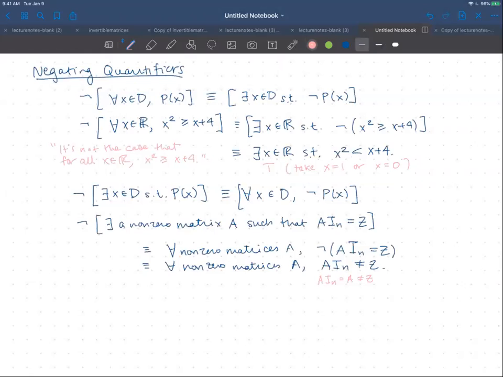So negation is necessary. We're going to find that we have to negate statements, right? They might be false and we need to show that they're false. So we will have to negate them and do that.